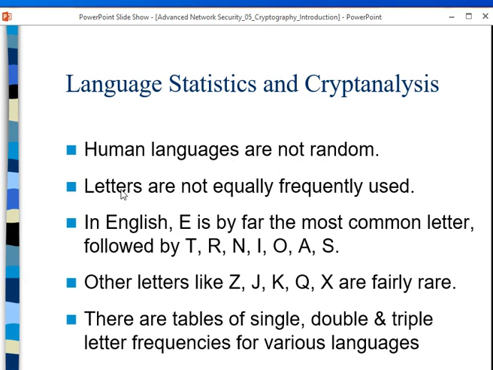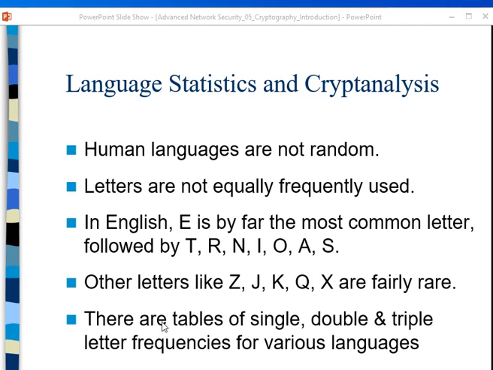It means that normally letters are not equally frequently used. For instance, in English, the letter E is the most common letter used, and the other letters are T, R, N, etc. And other letters, like Q and X, are rarely used.